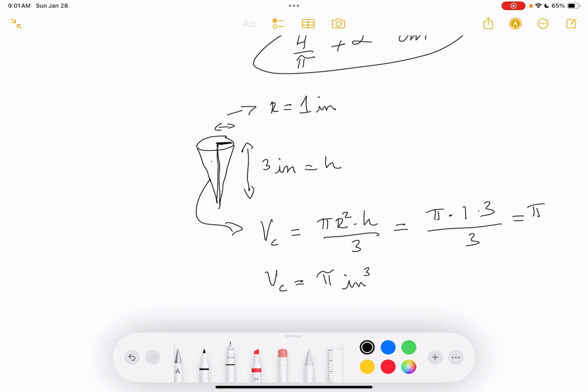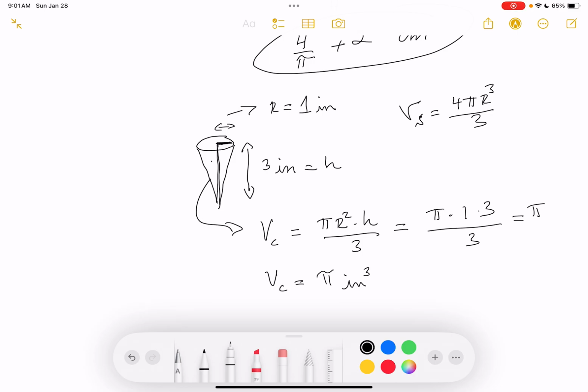Now, it's topped with half of a sphere, so I need to know the volume of a sphere. The volume of a sphere is 4 pi r cubed over 3.